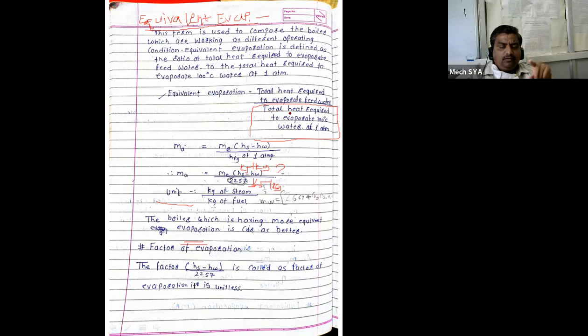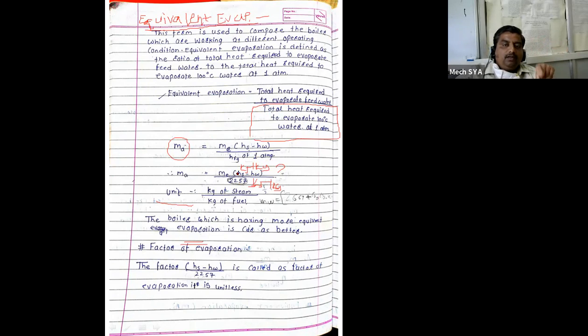This is the standard condition for each boiler. So the equivalent evaporation MA is equal to ME into bracket HS minus HW divided by HFG at 1 atmosphere, or HFG at 100 degrees Celsius, which is 2257 kilojoule per kg.